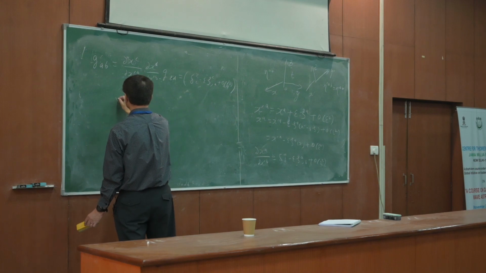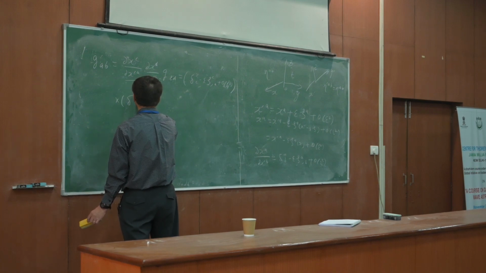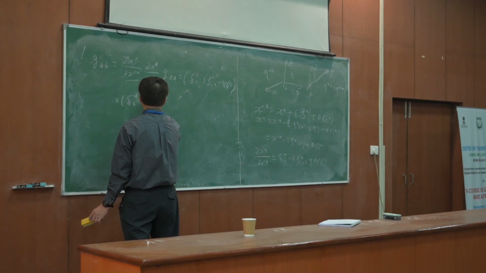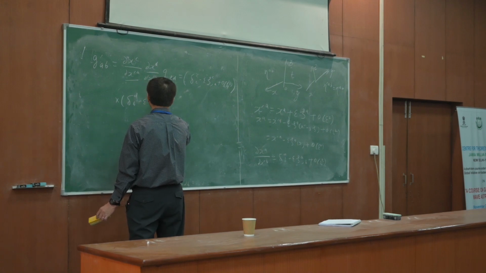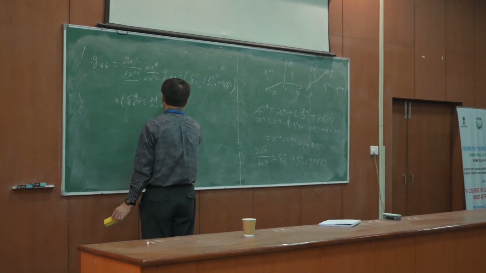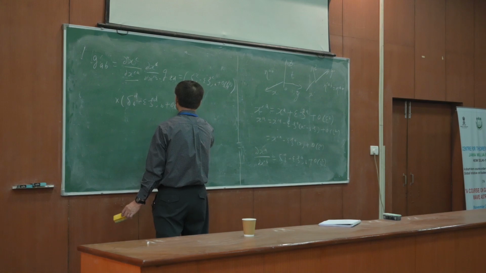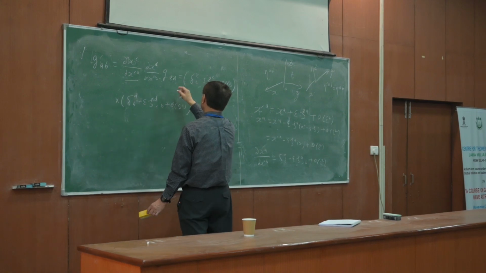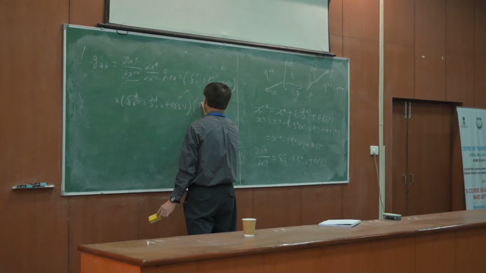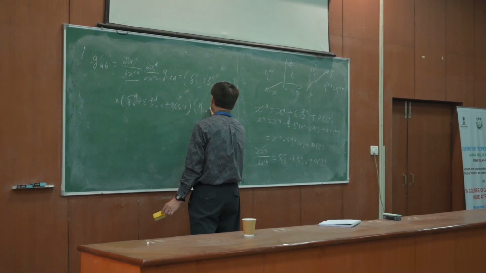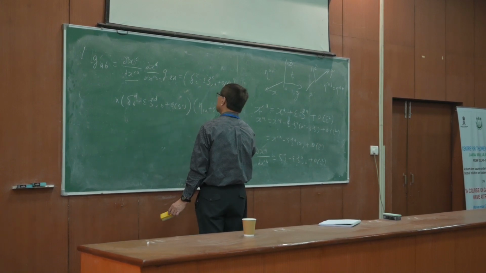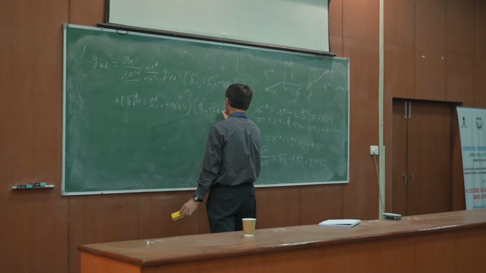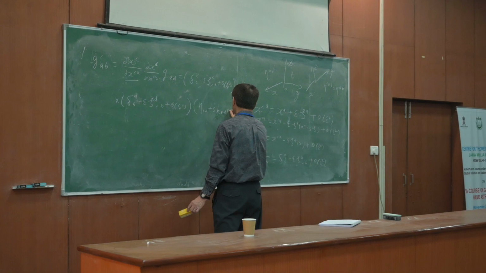Now I need to multiply delta D B minus epsilon psi D B plus O epsilon squared. Then this guy, G AB, eta CD plus epsilon H A CD plus O epsilon squared.